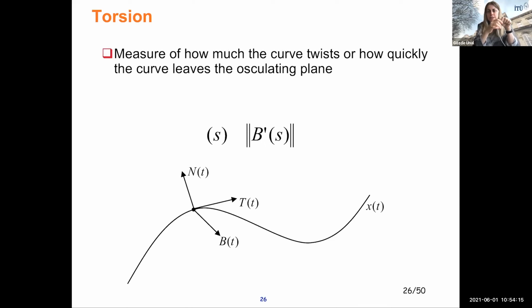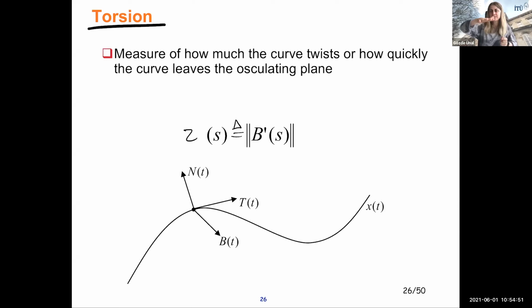If I want to measure that, I want to look at the binormal vector. The torsion, its symbol is tau. It's defined as the magnitude of the binormal's derivative, meaning how quickly the binormal changes, how it twists in a way, right? A binormal is, remember, the normal vector of the osculating plane.